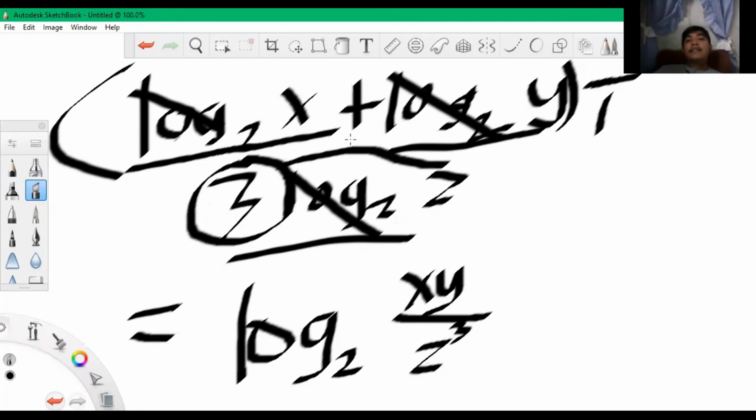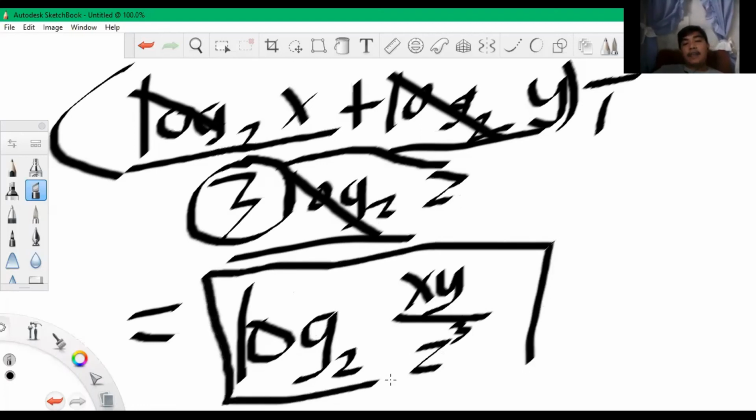Okay, so the single form of the logarithm of x to the base 2 plus the logarithm of y to the base 2 minus 3 times the logarithm of z to the base 2 is the logarithm of xy over z cubed to the base 2. So this is the single form of the given example.